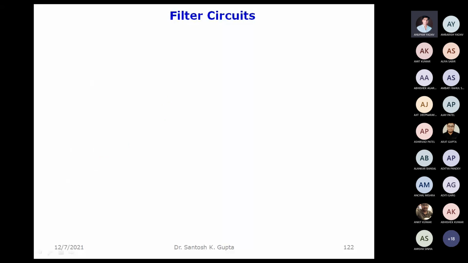So far we have seen that in the output of the half wave rectifier or the full wave rectifier, there is some part of AC components. We have also tried to compute that in terms of ripple factor.